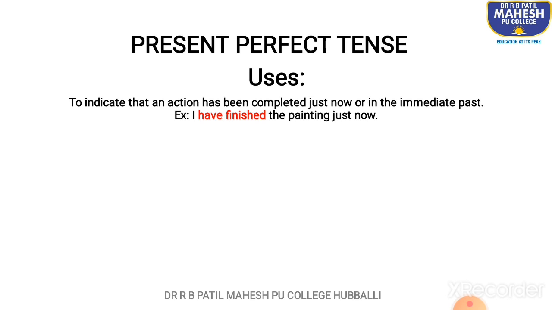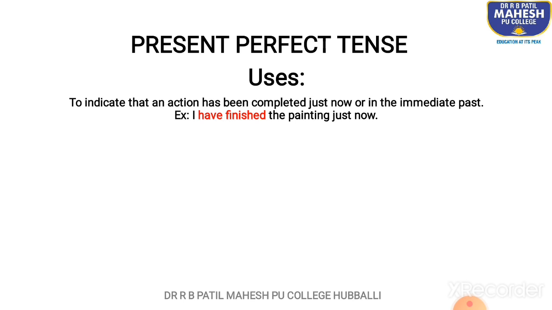So, I have finished the painting just now. Have is always used with I and the past participle, that is finished. So these two together form the present perfect tense. Now, that speaks of an action that has been completed just now.